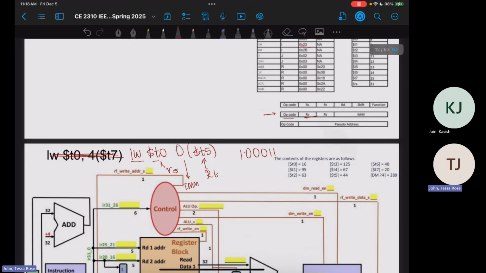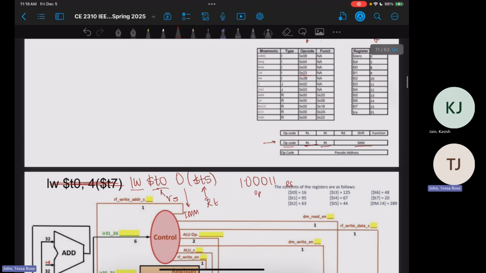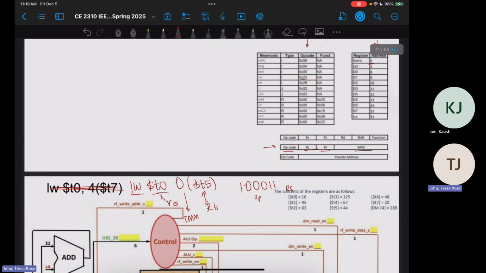So we have the opcode, RS, RT, and then the IMM. This is the opcode, and then we get the RS, which is 0. And if you look at the table, it's actually 8 because it's T0, right?